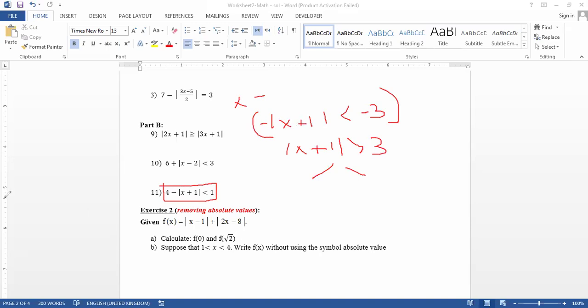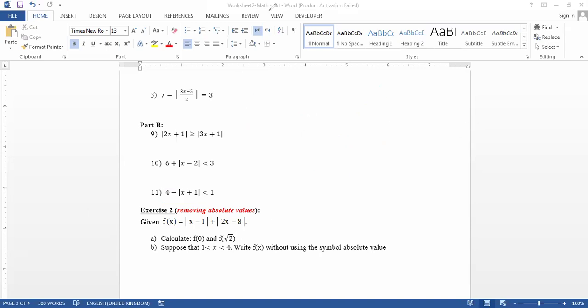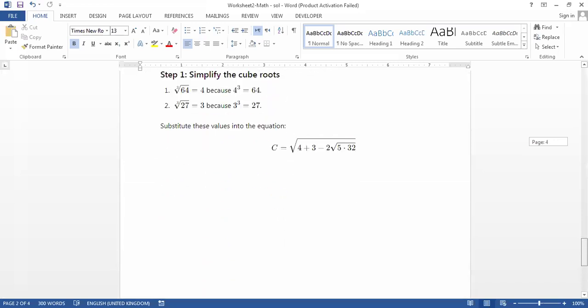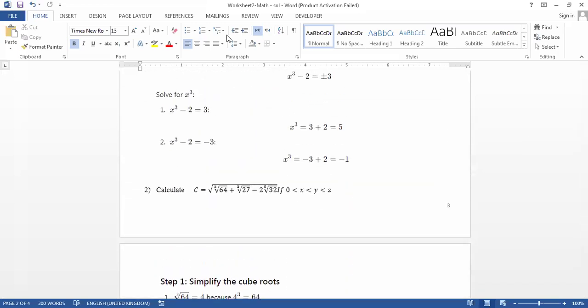Now I'm going to solve some of the exercises on powers. I will choose this one for you. So how do I solve this? You have to know that 64 is 2 to the power of 6. So we will have C equals the cubic root of 2 to the power of 6 plus the cubic root of 3 to the power 3 minus 2 times the fifth root of 32, and 32 is 2 to the power 5.